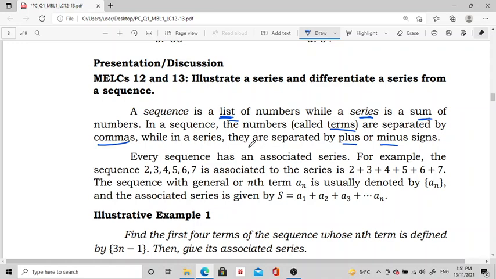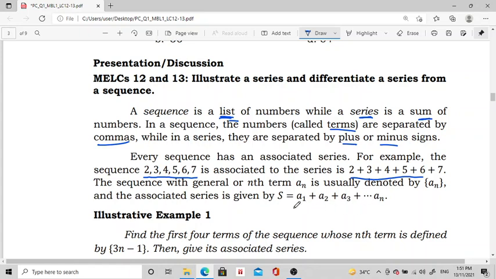Every sequence has an associated series. For example, this sequence of numbers is associated to this series. Now, the sequence with general or nth term a sub n is usually denoted by this expression, and the associated series is given by this expression.